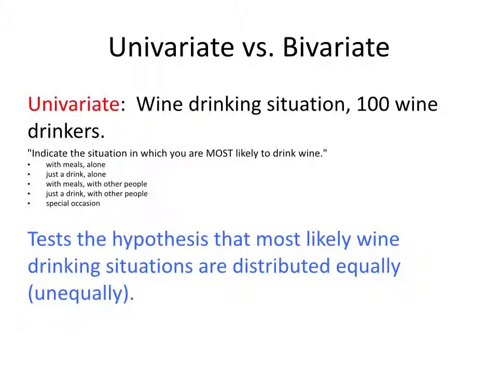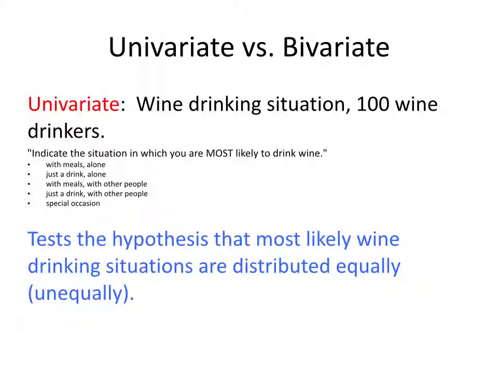We can illustrate this sticking with our wine drinking situation. We can look at 100 wine drinkers and now a categorical variable, the measure of situation in which one is most likely to drink wine, with 5 options: with meals alone, just to drink alone, with meals with other people, just to drink with other people, or just special occasions.